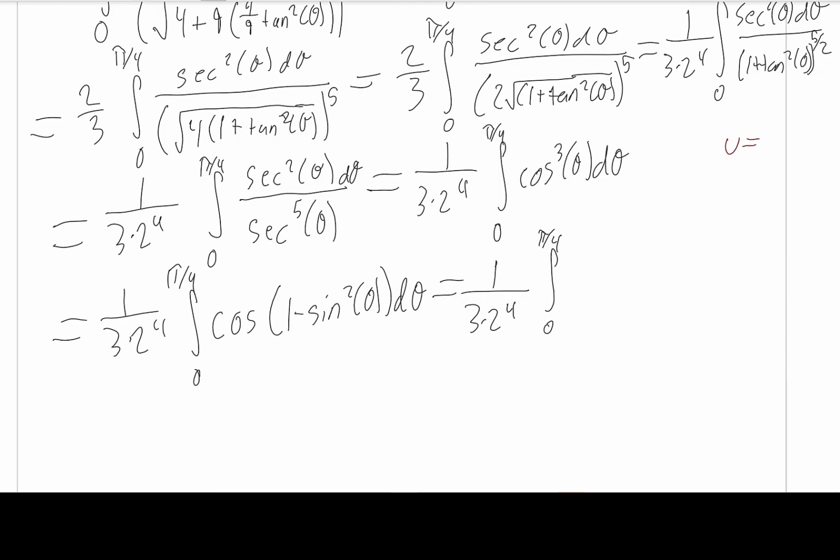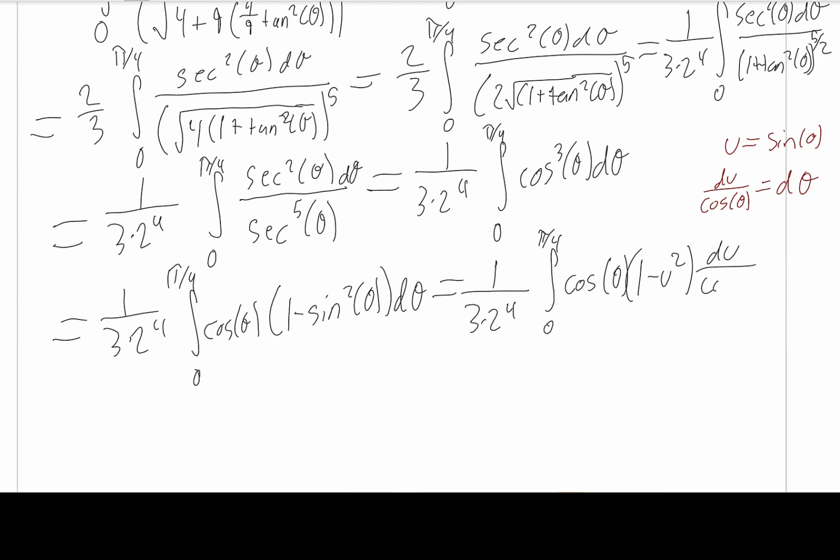So I'll use u equals sine theta, and then we'll get du over cosine theta is equal to d theta. So our integral becomes, oh, I'm missing cosine, the actual theta part of this. So this becomes cosine theta times 1 minus u squared times du over cosine theta.